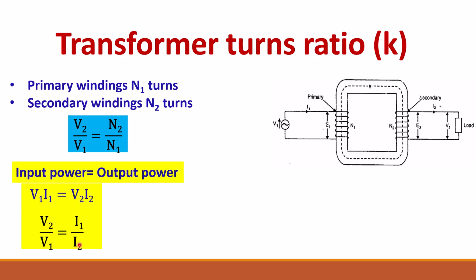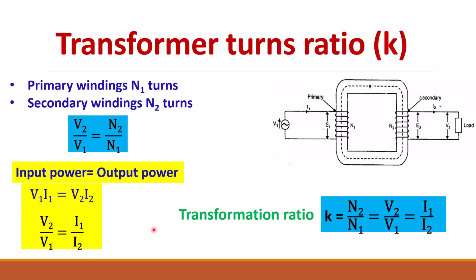You will get this relation from here. In general, we can write the transformation ratio K is equal to N2 by N1 or V2 by V1, that is equal to I1 by I2. That is why when we reduce the current, the voltage should increase. You can see here, this relation will be there.